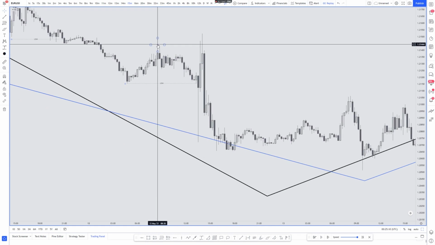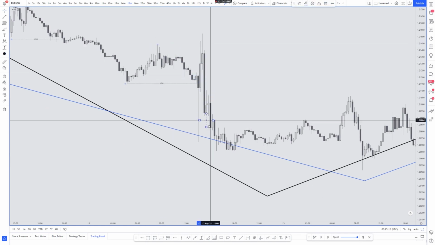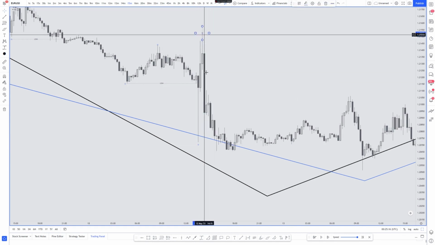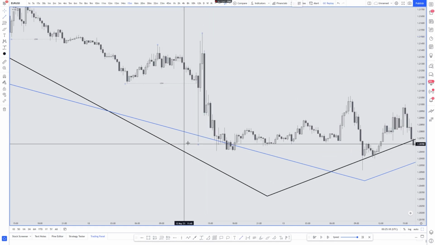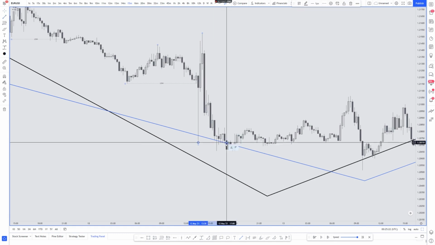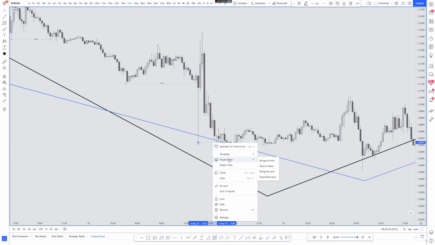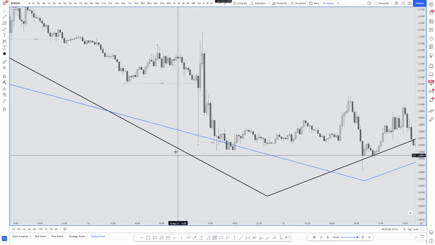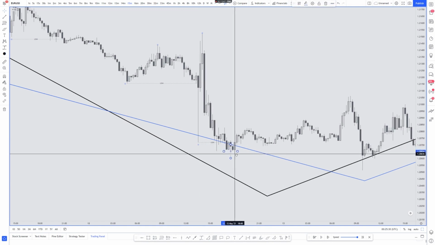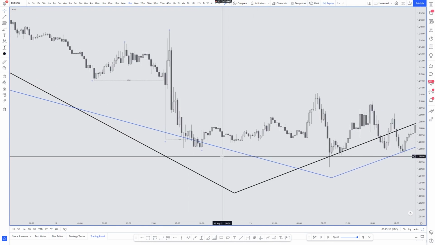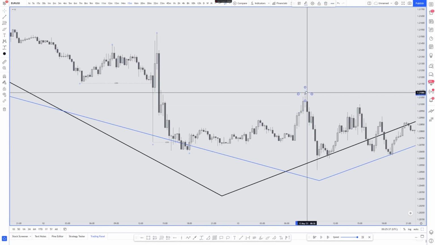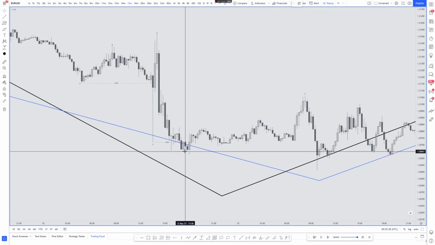So ultimately our structure would be down here. Again, a little bit of a weird structure here. I don't love it, but that's just the way it worked out. So our push completes here. Now ultimately we have a pullback up here.